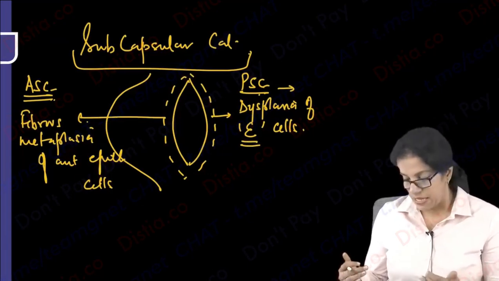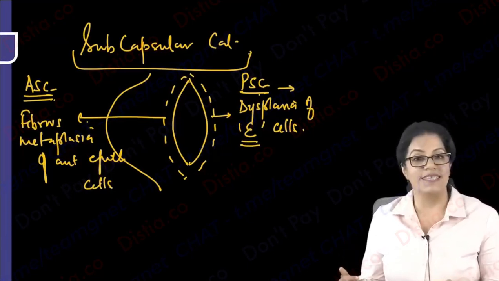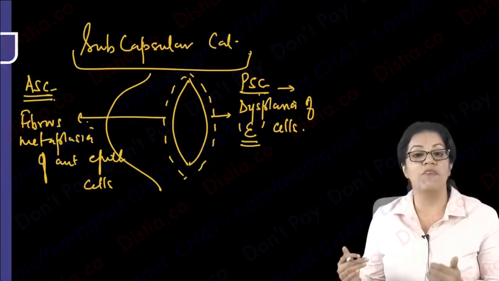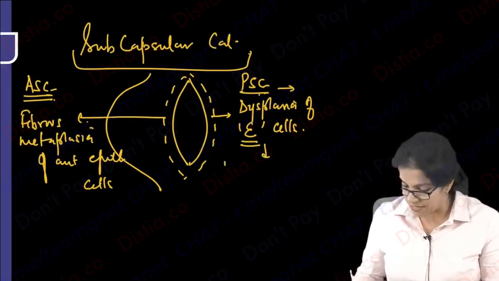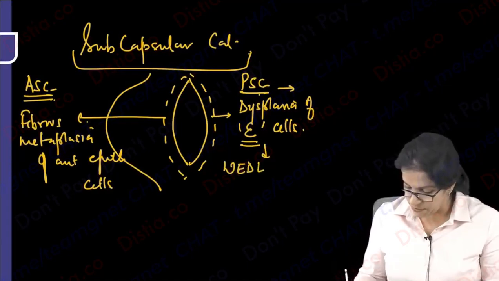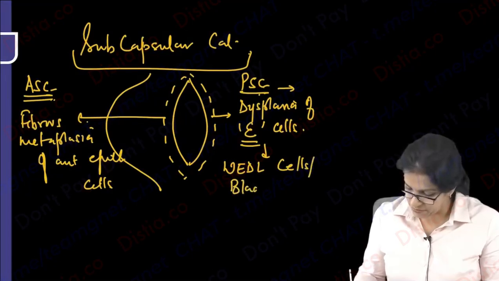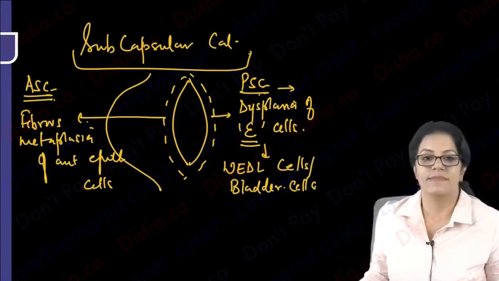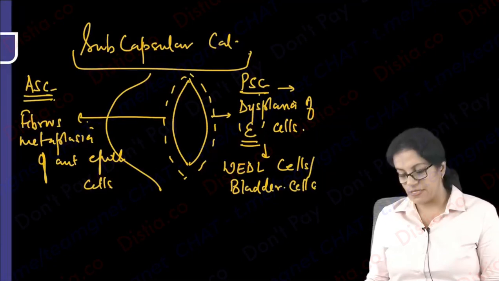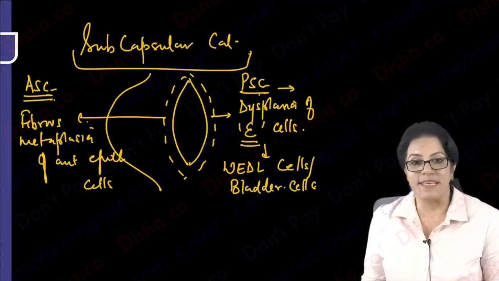Anterior epithelial cells. This is causing PSC, and the name that you should be familiar with: these are called Wedl cells or bladder cells. Just remember this much, Wedl cells or bladder cells. Correct? So that was one point about PSC.